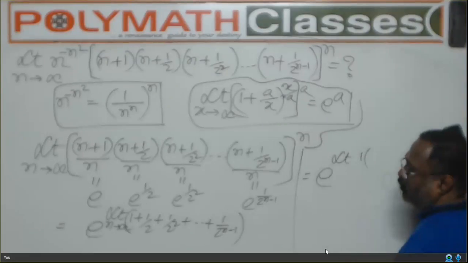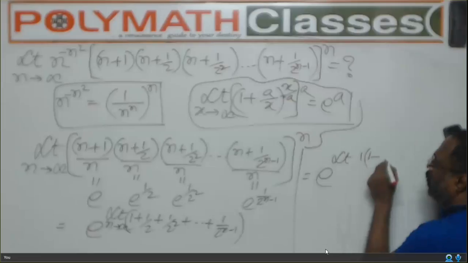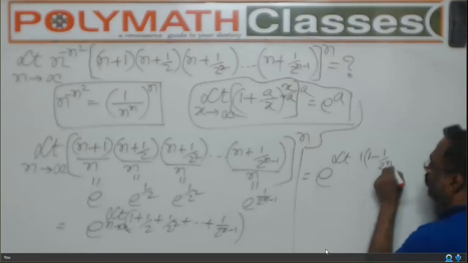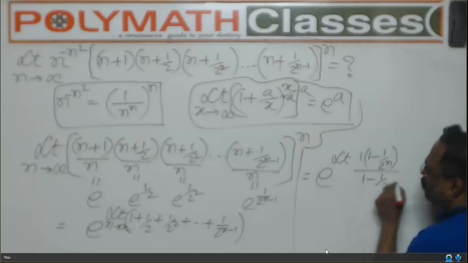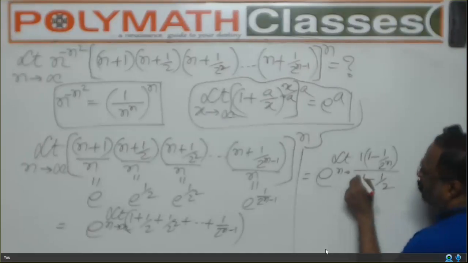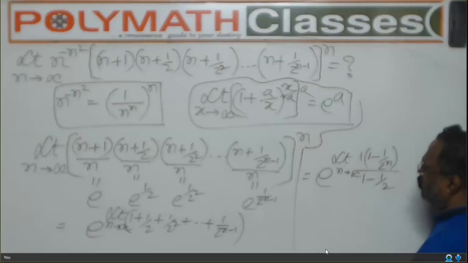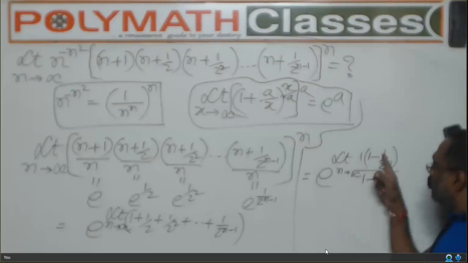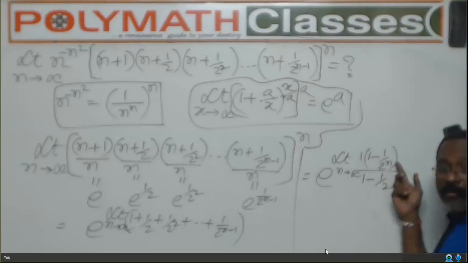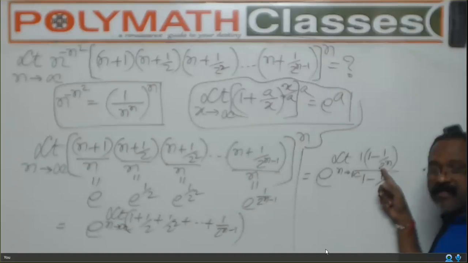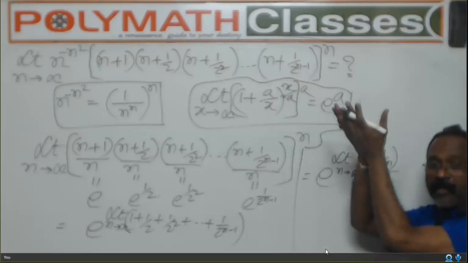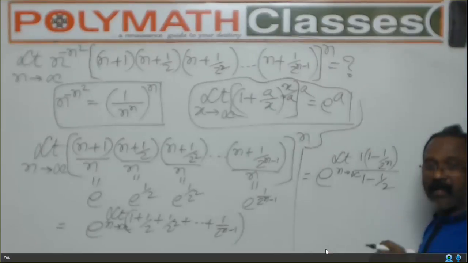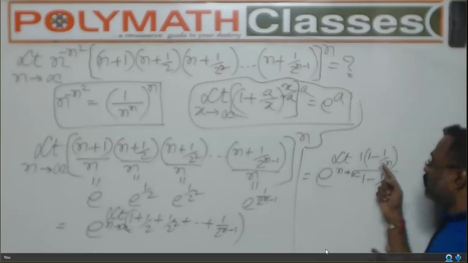A into 1 minus r power n by 1 minus r as n tends to infinity. As n tends to infinity, 1 by 2 power n tends to 0 because 1 by 2 means the base is less than 1. When the base is less than 1, power tends to infinity, the value becomes 0. Thereby this becomes 0 and you will be getting it as e square.